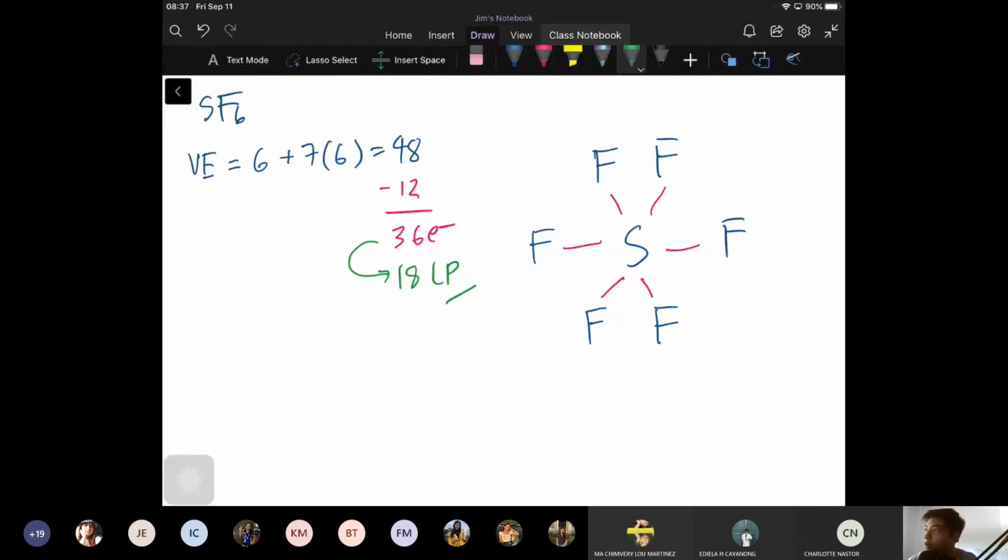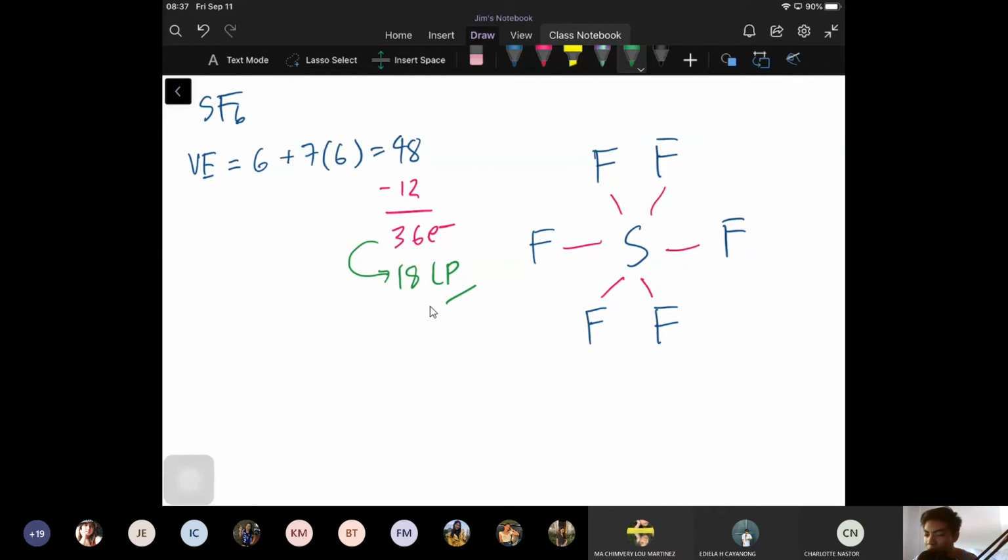Okay, so ganito yung technique, ha? You count the valence electrons. Then, you connect your terminal atoms to your central atom using single bonds. Then, you subtract the used electrons sa valence electrons. So, matitira ka, 36. Then, you will use all of them as lone pairs na.